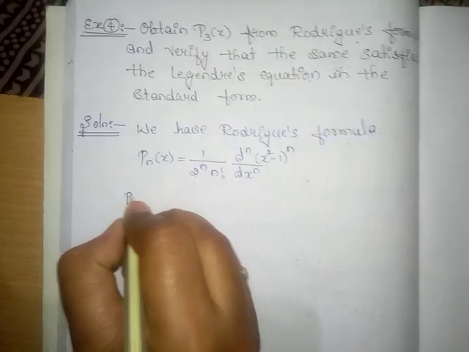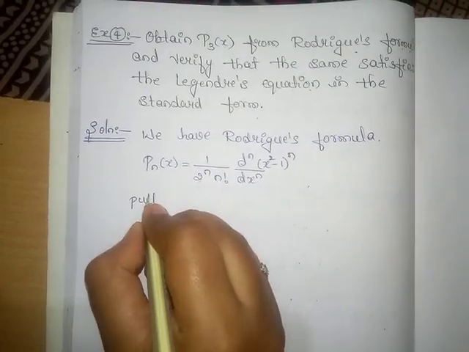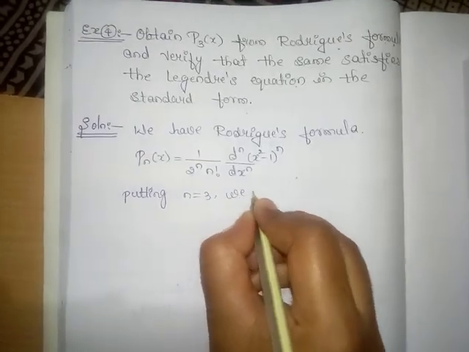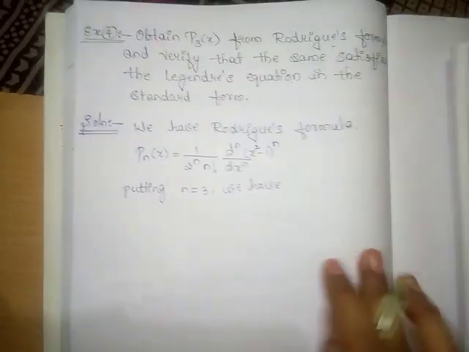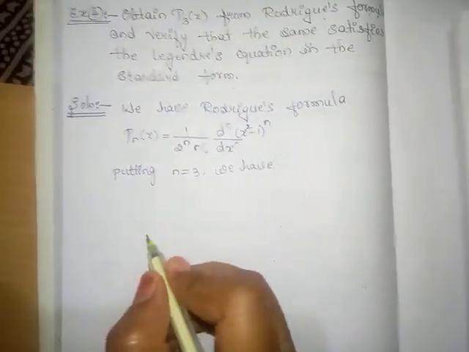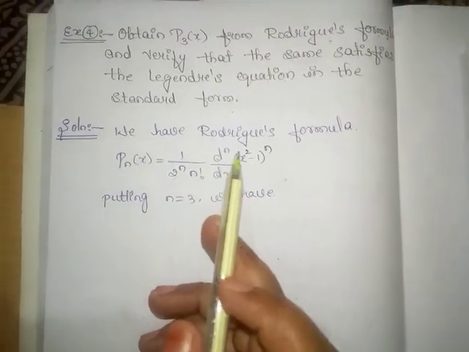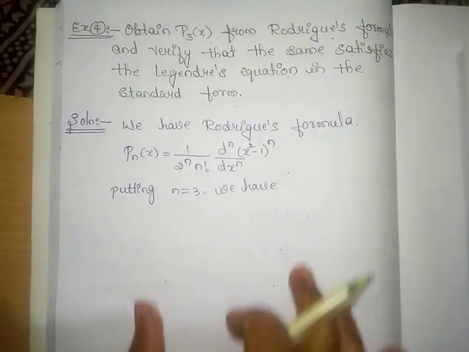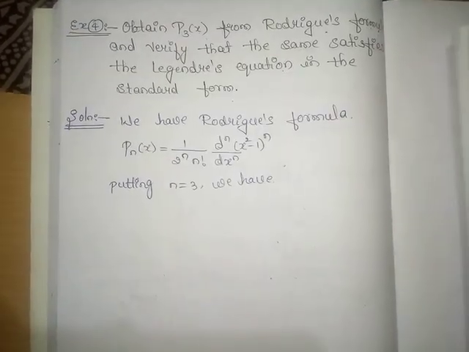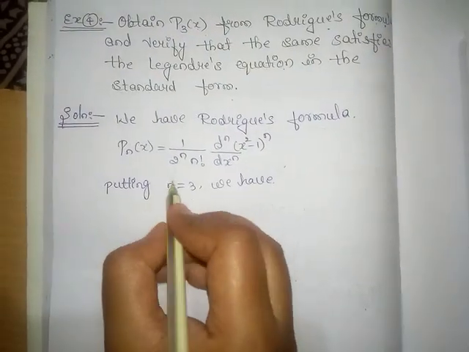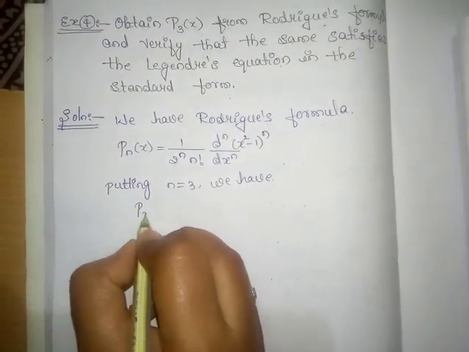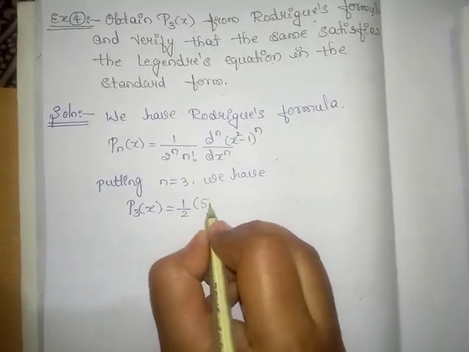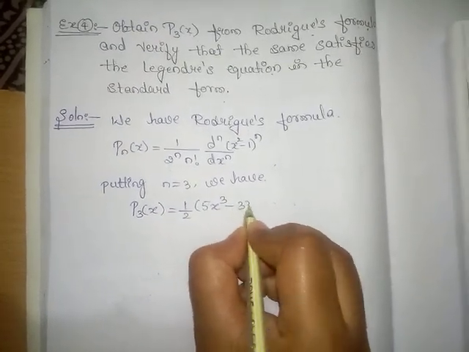Putting n is equal to 3, we have, directly I will write the expression, but if the same question is asked in the exam, you have to write the complete calculation. After that you have to go for the verification. Okay, we have P3 of x is equal to half into 5x cube minus 3x.